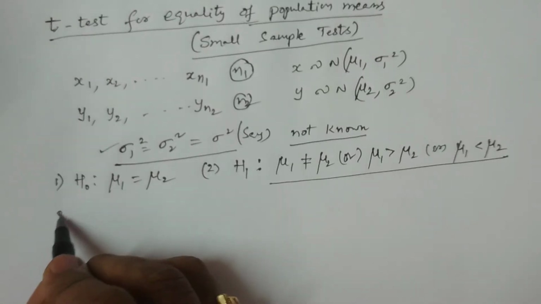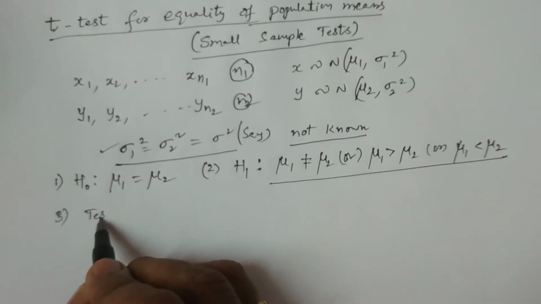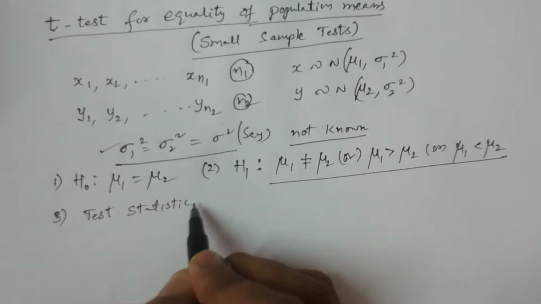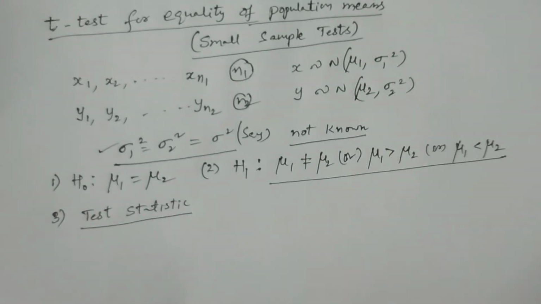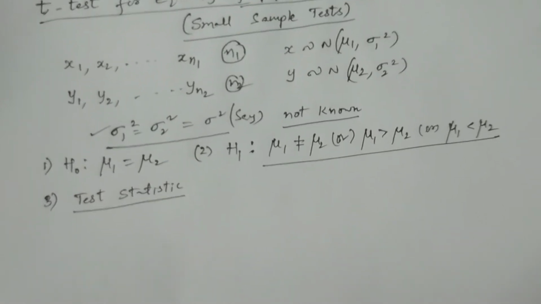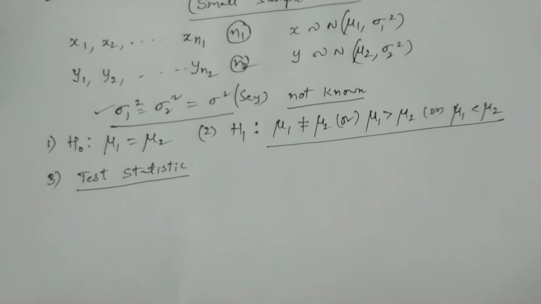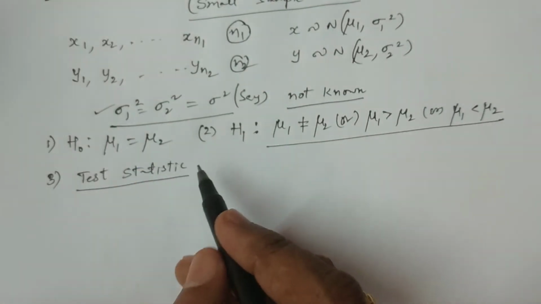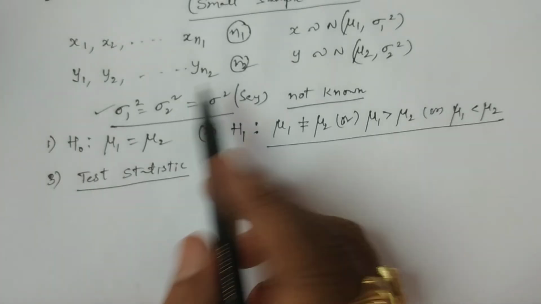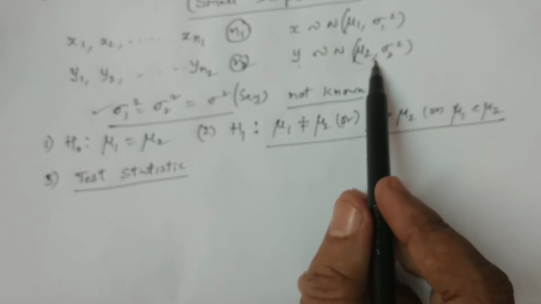Okay, and the third point is the test statistic. Obviously, we have considered it in a similar fashion in the large sample test. We conducted this test procedure, the test for means, in the large sample test as well, based on the normal distribution. So some similarities are there. X follows a normal distribution, Y also follows a normal distribution.